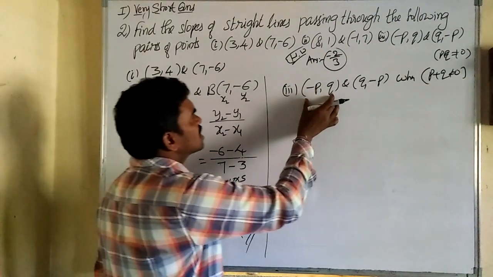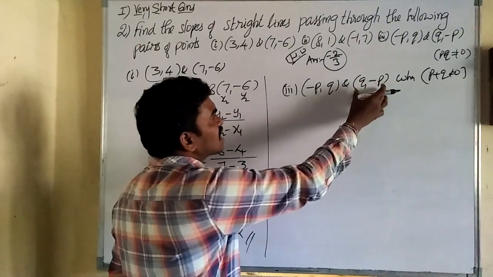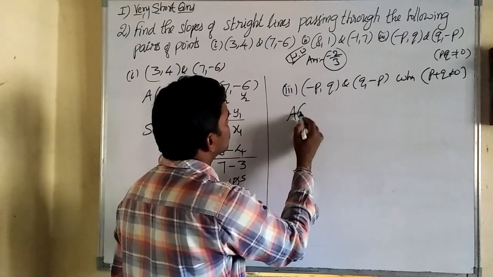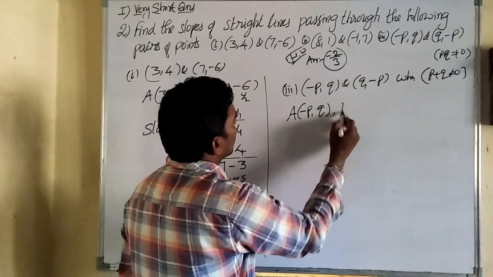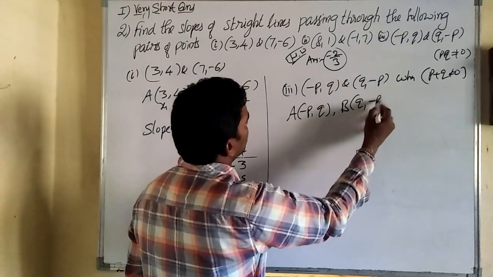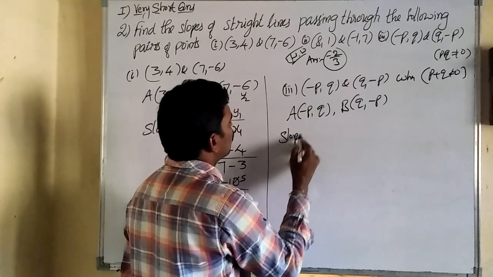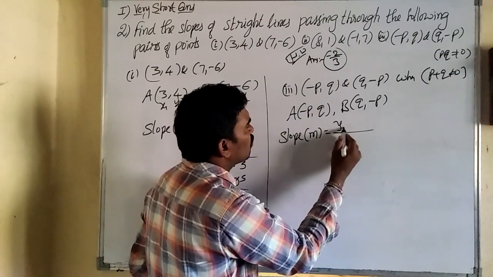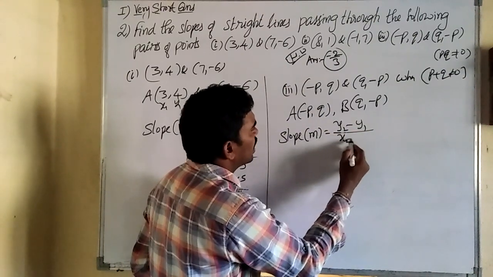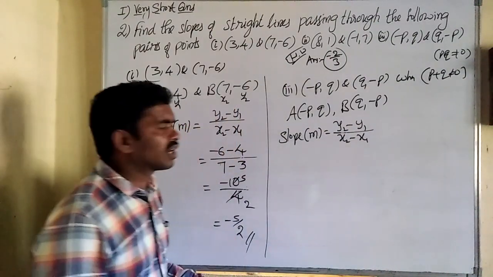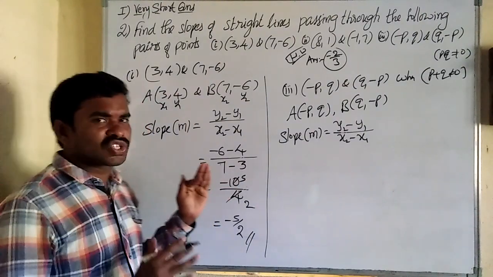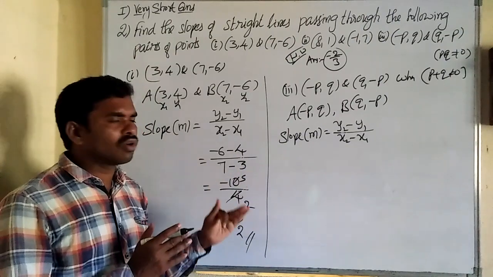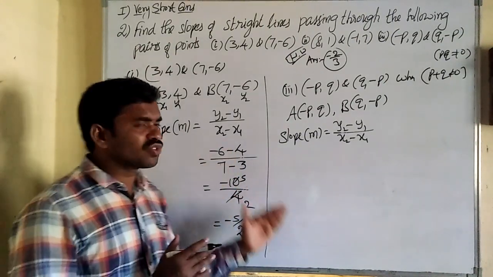The points: one is (-p, q) and the second one is (q, -p). Then immediately the slope formula: slope m is (y2 minus y1) by (x2 minus x1). Very simple. You just follow what I am saying. You just listen and make notes as usual.